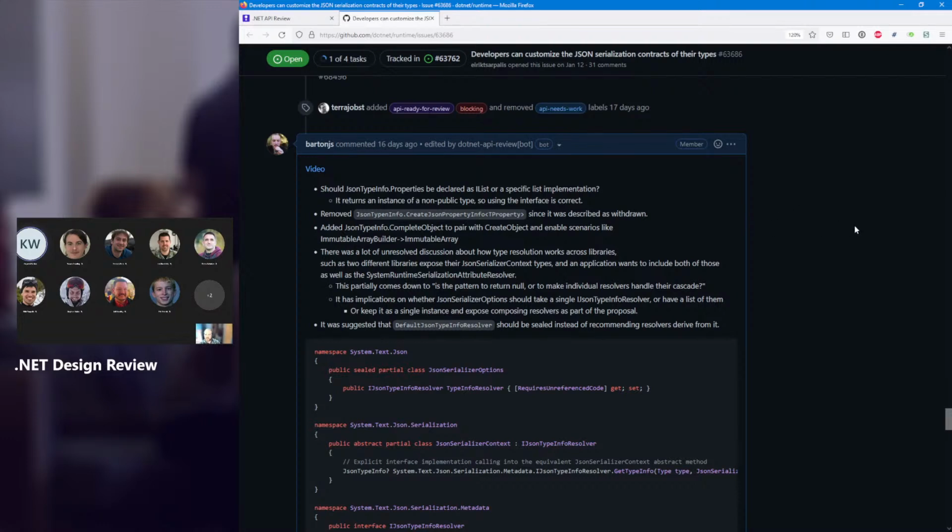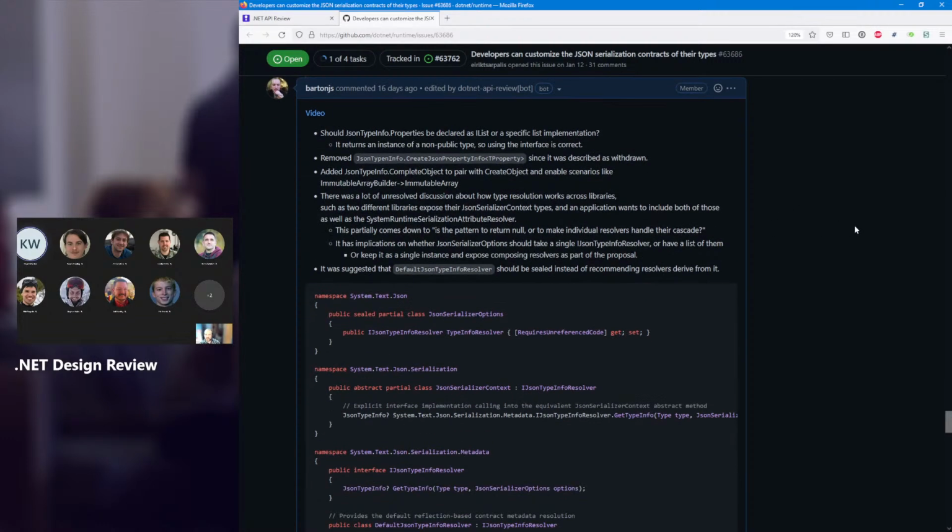Yes, so there are a couple of things on the list we've put here, and a couple of things we've talked about with Eirik, and we don't think they might be good things to do now. So first of all, let's start with the complete object thing proposed. We don't think this is a good thing to add for now.